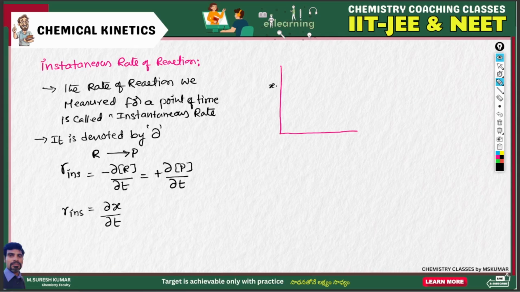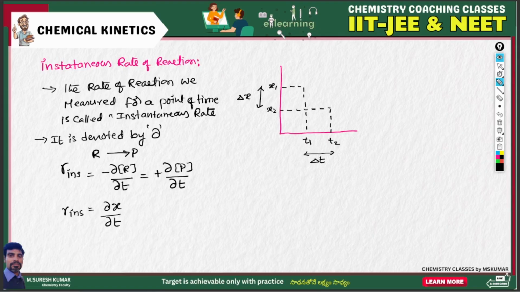Your initial concentration x1, final concentration x2. x1 is the concentration of reactant at time t1, and x2 at time t2, right? So t2 minus t1 is the change in time, delta t. The change in concentration, the difference between these two, is called delta x.